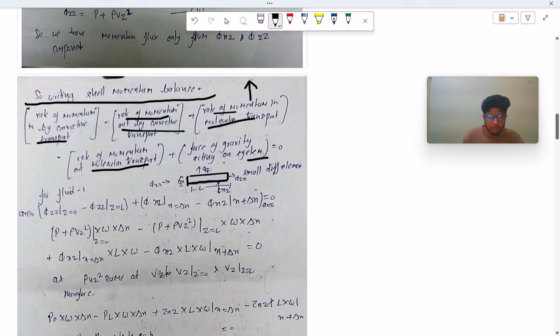As there is no gravity component in horizontal direction, this term will be 0. We are left with only 4 terms.